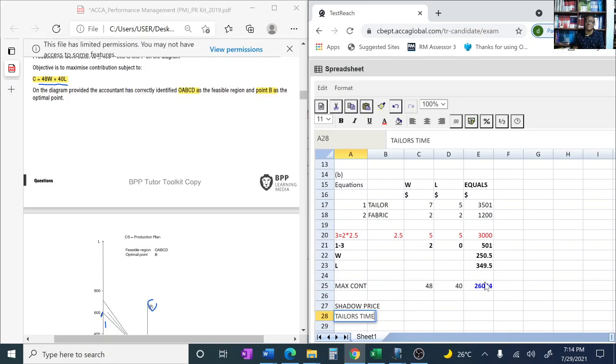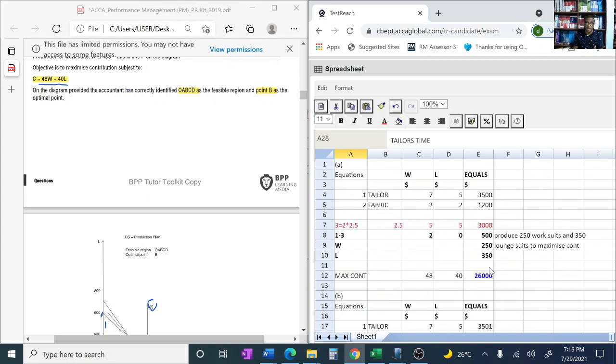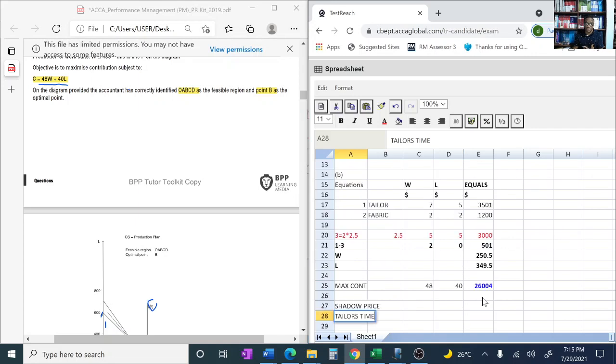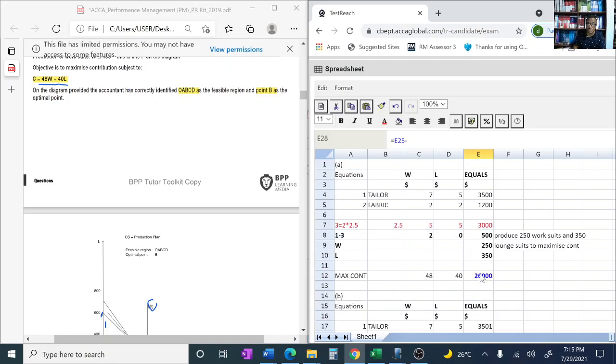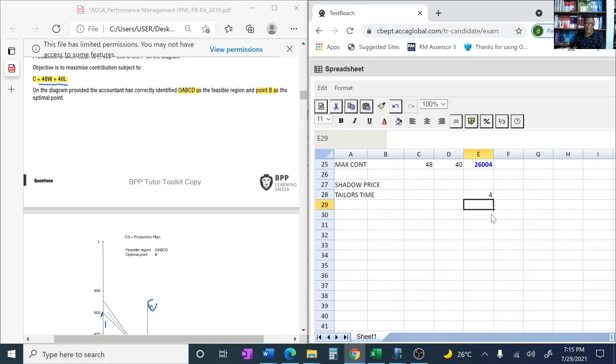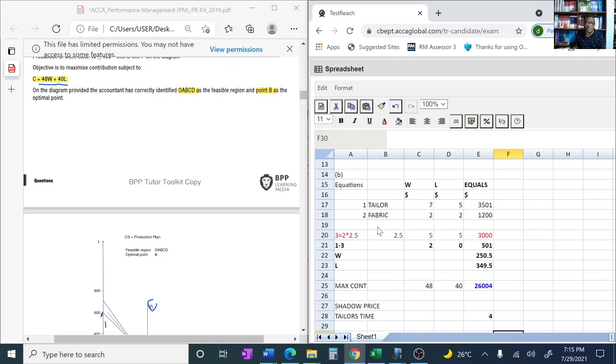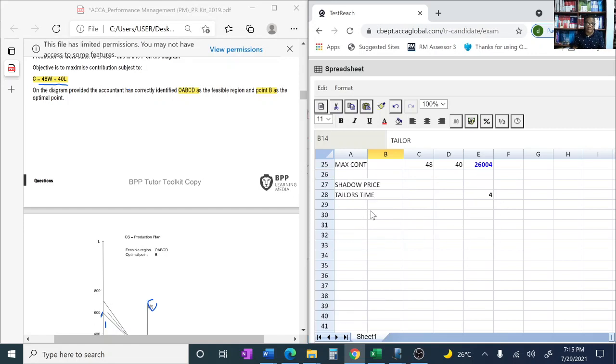So you see it's 26,004 here and 26,000 originally. So the difference is what gives me the shadow price. So this take away the original contribution, and that is the shadow price. Maybe I should label this as shadow price for the tailor so that it becomes clearer.